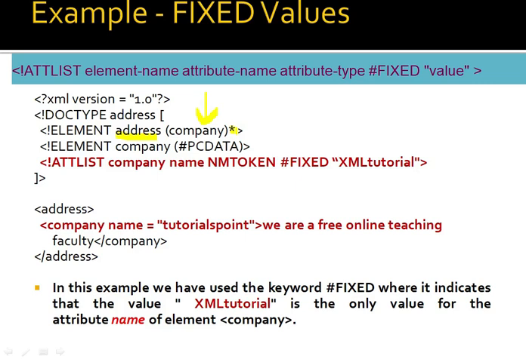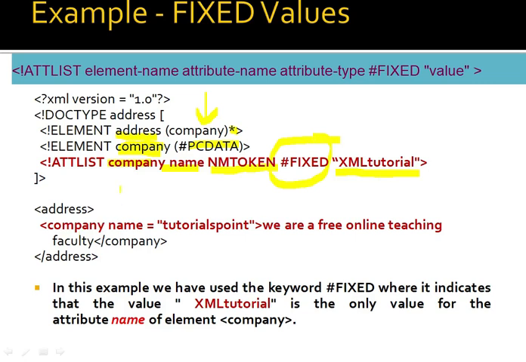So company is a child element, it can take this type of data, and the company can have an attribute like this. The type is NMTOKEN, and it is a fixed value. It is a constant value you can give. That is fixed.